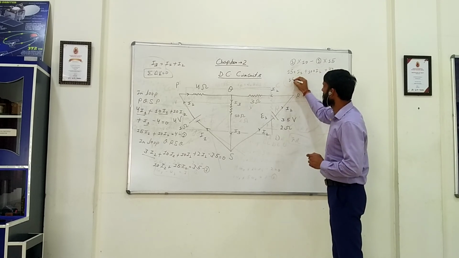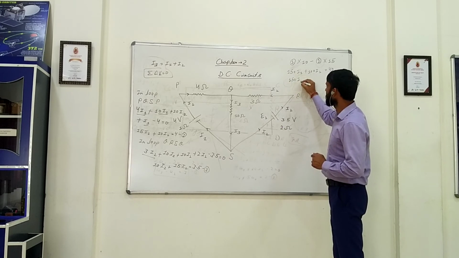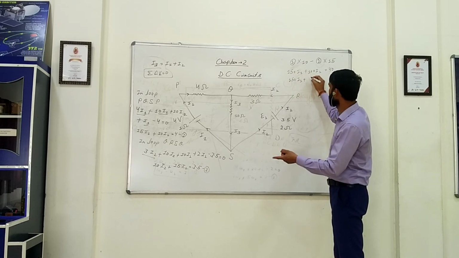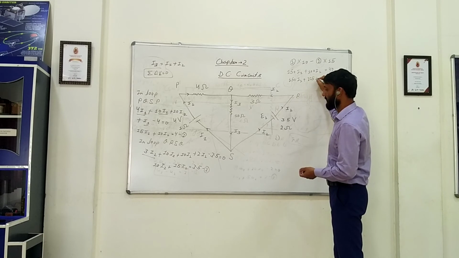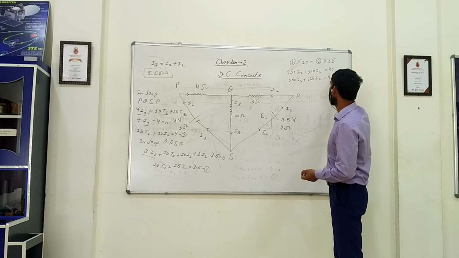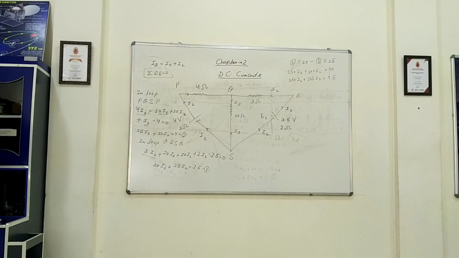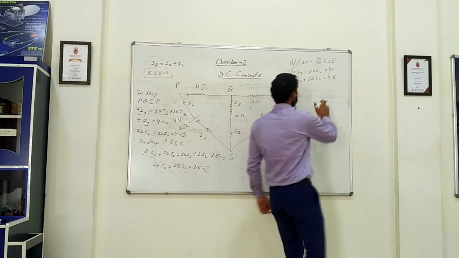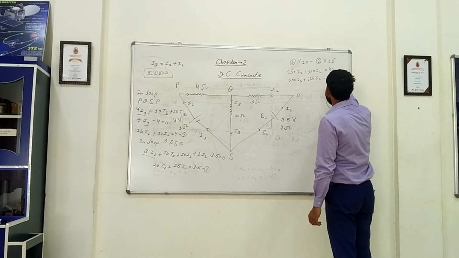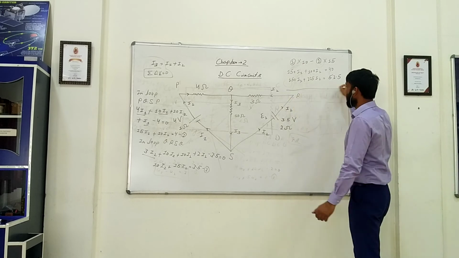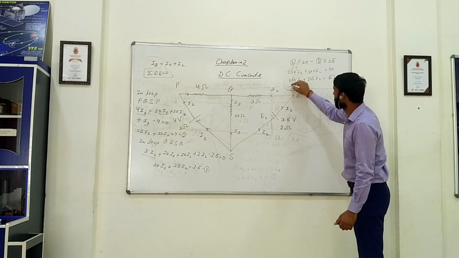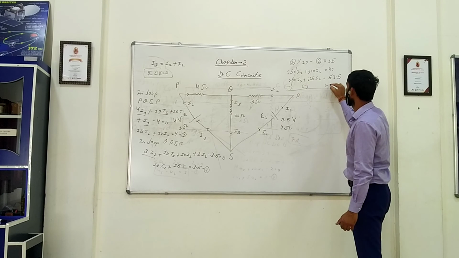And then 150 I1 plus 225 I2 is equal to 52.5. Now we subtract them.